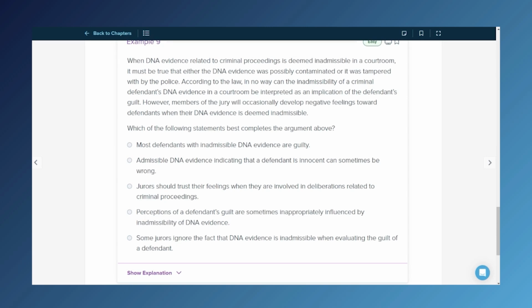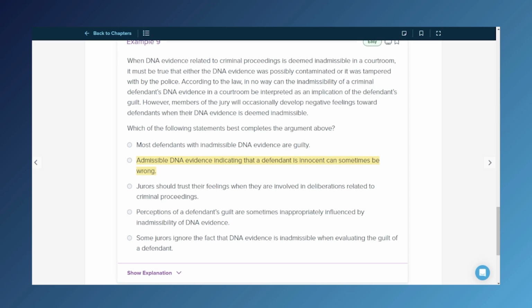However, members of the jury will occasionally develop negative feelings toward defendants when their DNA evidence is deemed inadmissible. Therefore, most defendants with inadmissible DNA evidence are guilty. Does that sound like a good conclusion? To me, it seems to contradict the premises, so it wouldn't make a good conclusion.